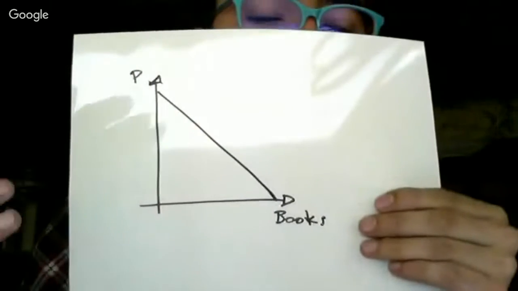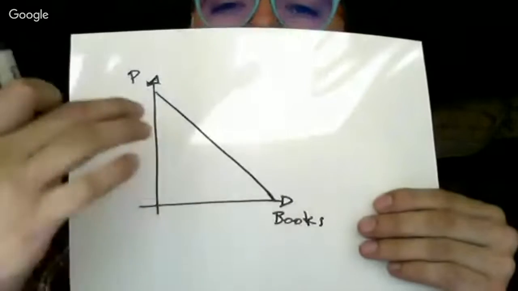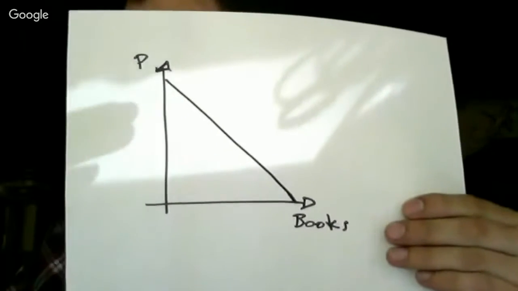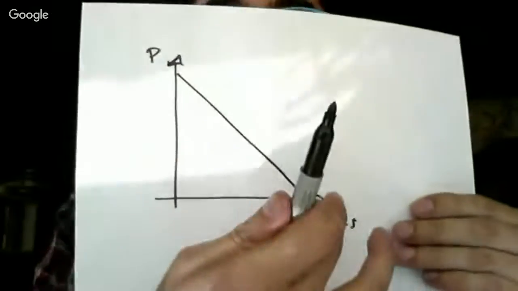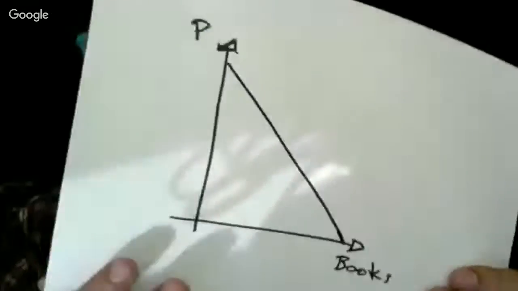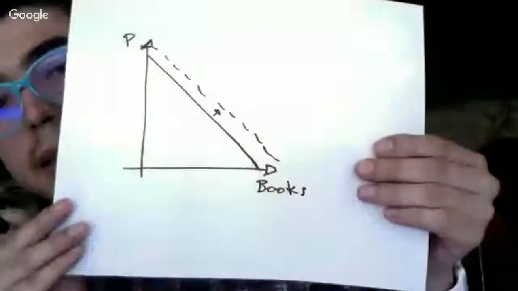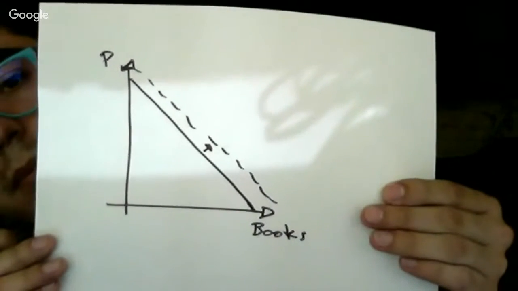So that's what is making us shift the curve. So if your income goes up, the demand for books is going to shift to the right. Like this.